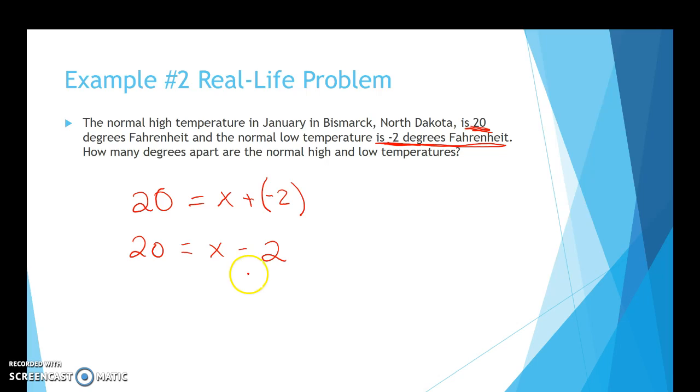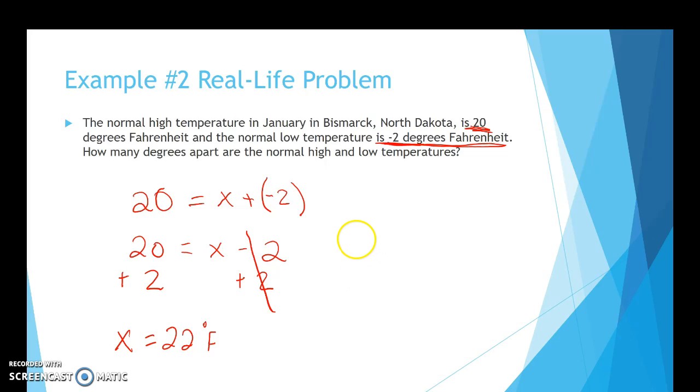And we want to find x. So we're going to isolate the variable by adding 2 to both sides. On the right side, that cancels. So what we're left with is x equals 22 degrees Fahrenheit. So what does this mean? It means that there is a difference of 22 degrees Fahrenheit between the low and the high temperatures.